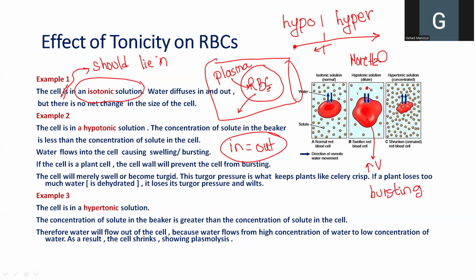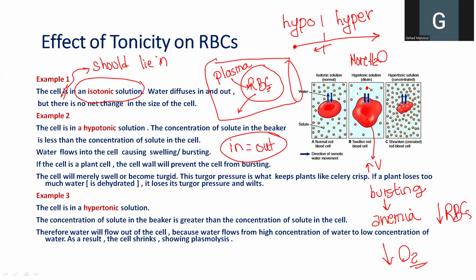And if red blood corpuscles burst, we would have anemia, or a diminished number of red blood corpuscles in the body, which just implies that there would be less oxygen carriage to the tissues. And that's exactly what happens when you infuse large volumes of fluid into the patient that are not isotonic with the blood.